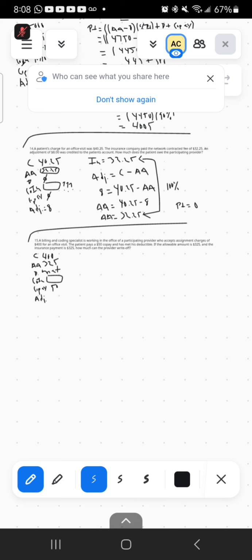But then the question says, what is the write-off? The write-off is the same as adjustment. So the question is asking you how much is the adjustment. You cannot calculate anything that needs co-insurance because you don't have it, but you have this formula: adjustment or write-off is charges minus allowance.